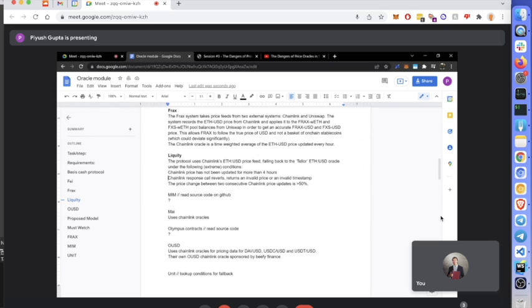Under these conditions, they use another third party solution called Tellor, which allows you to create oracles for any question and answer. They have their own staking mechanism wherein people who stake their native token can provide answers, and if the answers are found to be incorrect, their stake gets slashed. So they maintain a Tellor oracle for the ETH USD price feed for fallback.